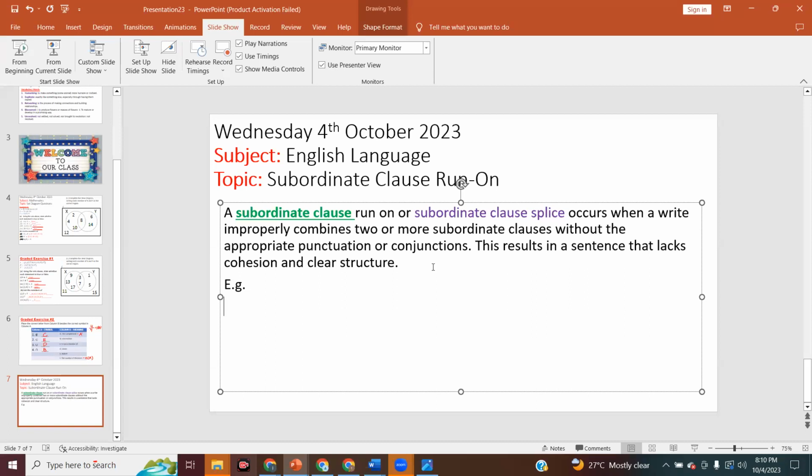And I want you to put inside the chat if you think that it's a run-on sentence, or basically a subordinate clause splice. Put R if you think it's a run-on, subordinate clause run-on. But if you think that it's a regular sentence or a complete sentence, put S. So let me put the sentence inside the chat so you can take a good look at it.